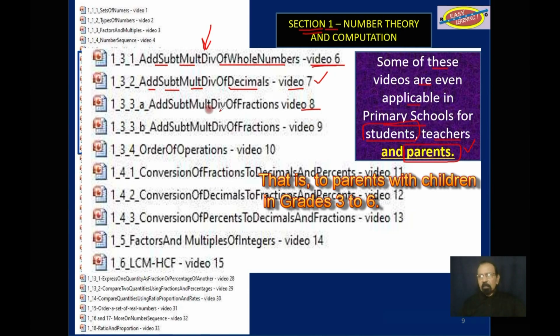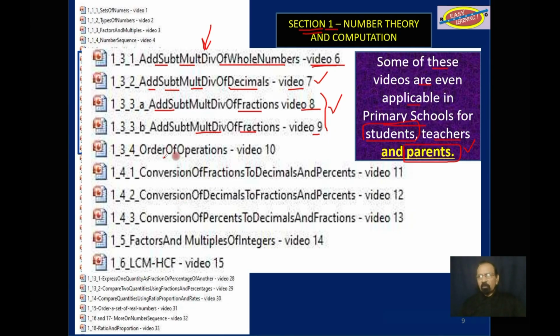Video 8, add and subtract fractions, and video 9, multiply and divide fractions. So work done, these two, in grades 5 and 6 in primary school, and so on. You have order of operations, you have LCM and HCF, and conversion of fractions to decimals and percentages, and so on. Work that normally should be done in primary school.